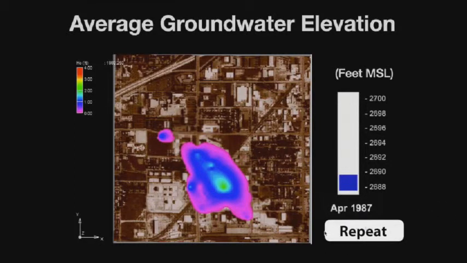So there is a repetition here, and I do want you to take a close look at that. As the water table elevates, the plume tends to shrink. As the water table goes downwards, the plume tends to be larger in size and thicker in thickness.